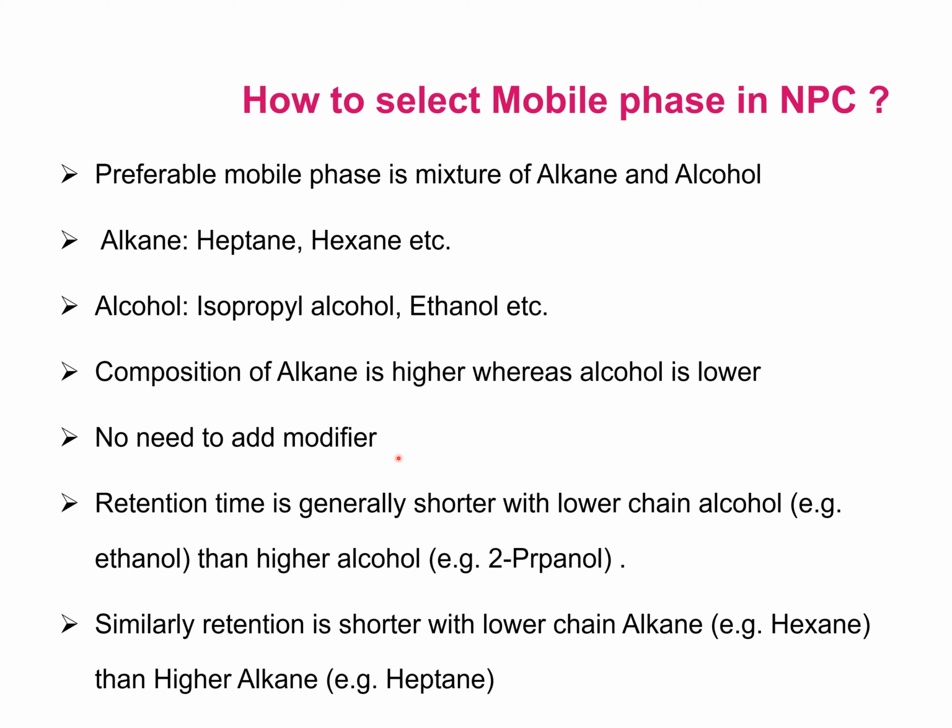No need to add a modifier. Retention time is generally shorter with a lower chain alcohol, for example ethanol, than a higher chain alcohol, for example isopropyl alcohol. Similarly, retention time is shorter with a lower chain alkane, for example hexane, compared to a higher chain alkane, for example heptane.